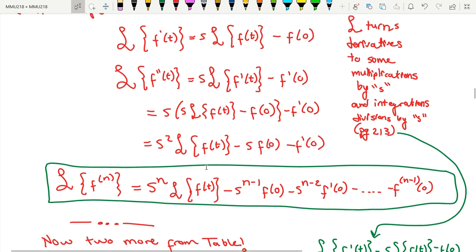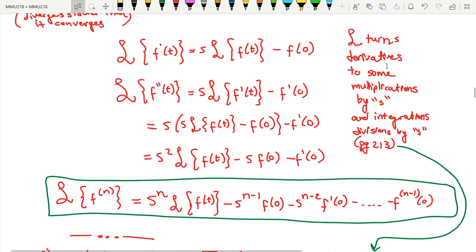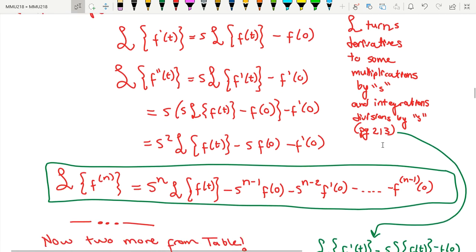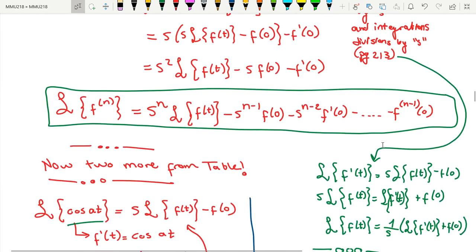So there's a little note here. The Laplace operation on a derivative turns the result into multiplications by s of my original function's Laplace. And not written here, but integrations can be expressed by divisions by s, and that's on page 213 in your book.